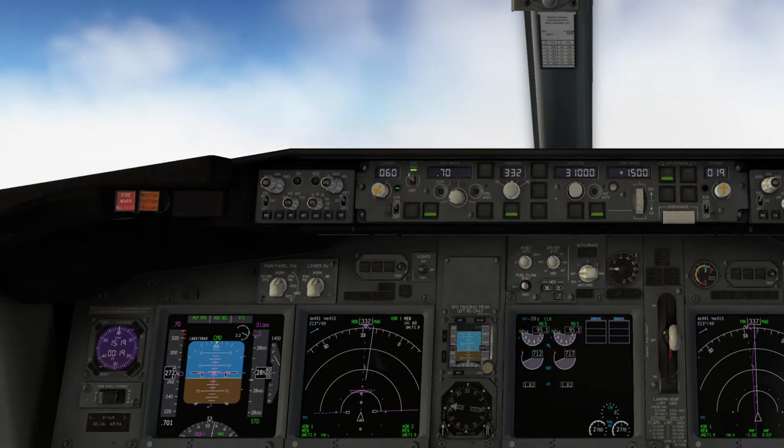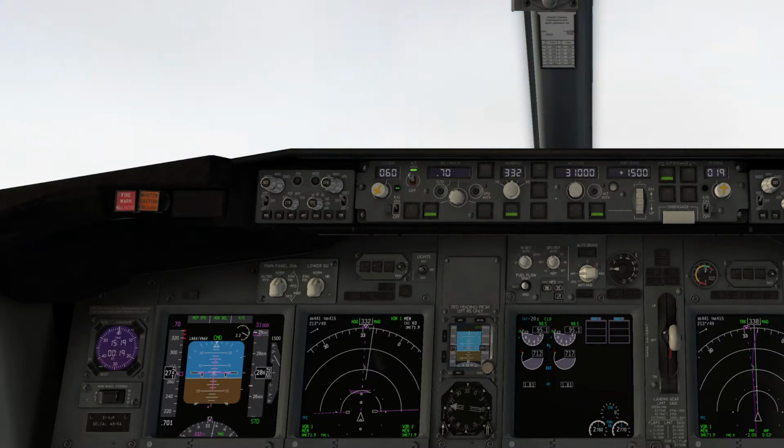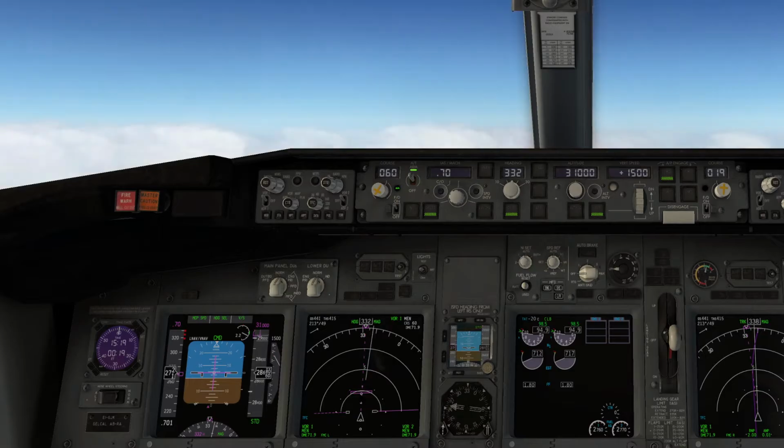The needle is coming, so I'll wait a little. 2 dots deviation. 71.9.